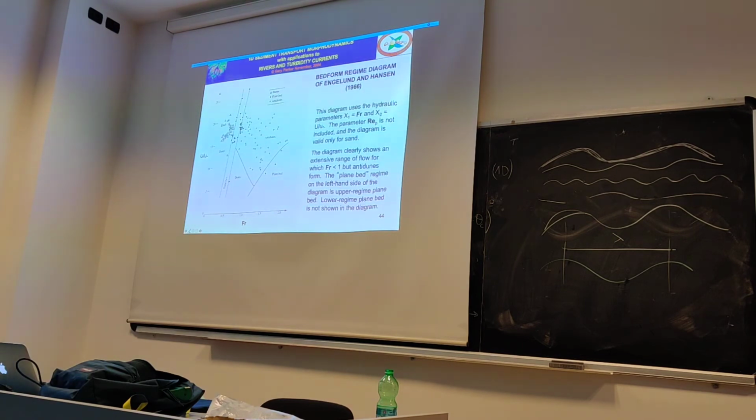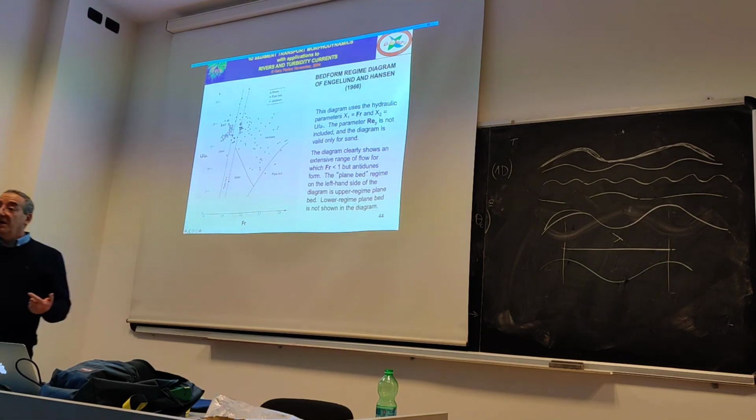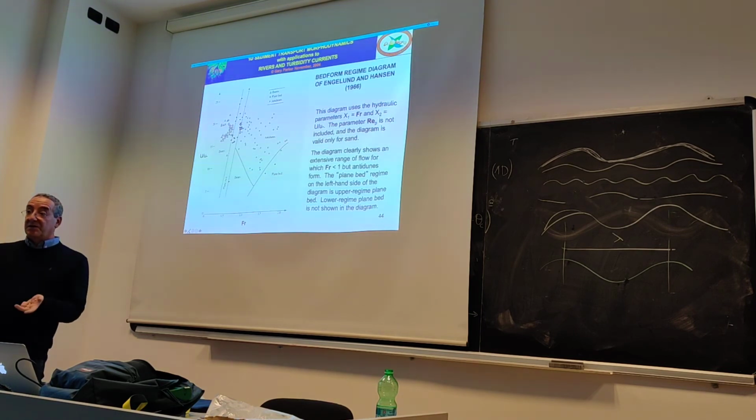Also, there is a kind of gap in rivers around some diameters of the order of the millimeter, where suddenly that fraction is not present in most rivers, so it's not really continuous. But it's an artificial distinction in the space of the parameters.